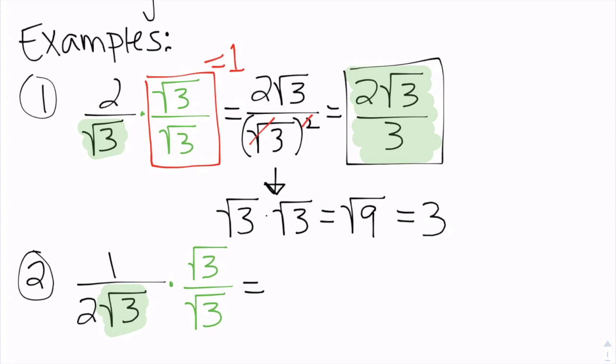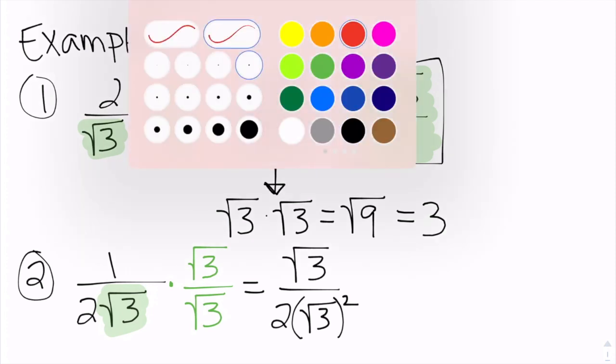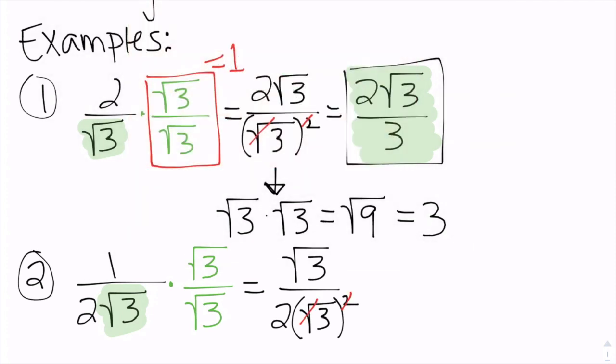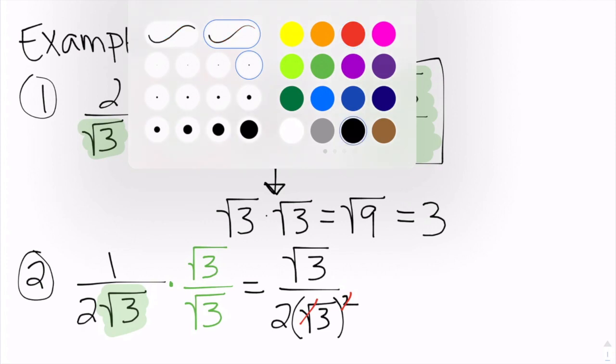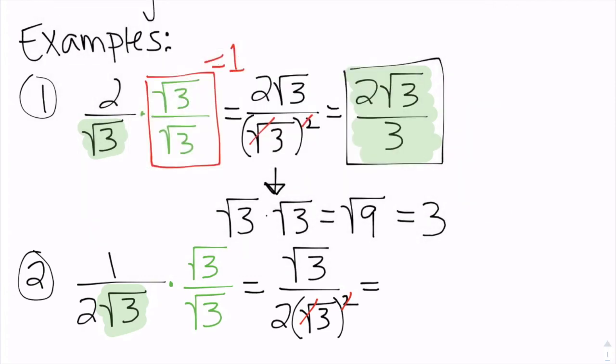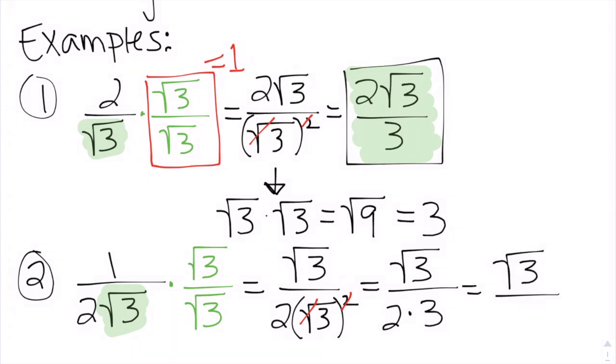So 1 times the square root of 3 is the square root of 3, over 2 square root of 3 times the square root of 3, which is going to be 2 times the square root of 3 squared. That squared will cancel with the square root for the same reason as in example 1. And that gives us the square root of 3 over 2 times 3, which is the square root of 3 over 6.